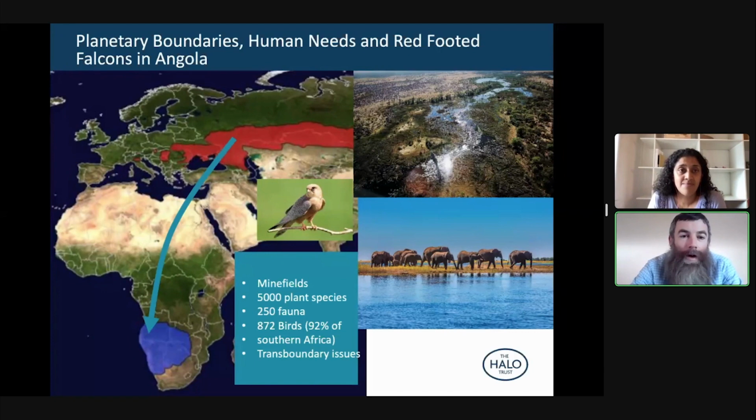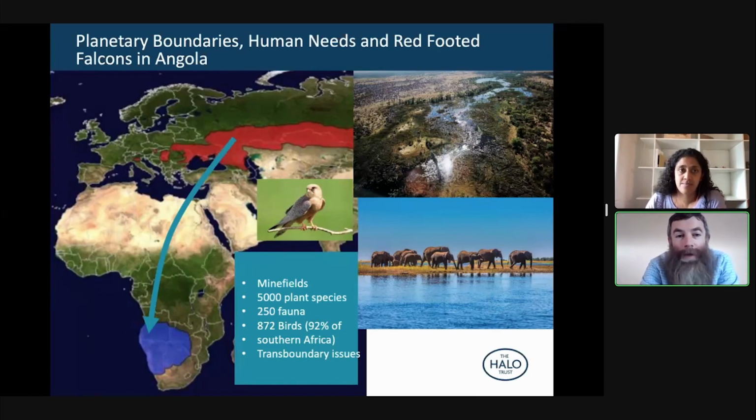And these are areas that are extremely difficult in terms of terrain, in terms of Angola being still a least developed country, $2 a day average income, and major climate and economic hazards and risks to the population there. Angola also has 92% of the birds of Southern Africa. That's 872 species.